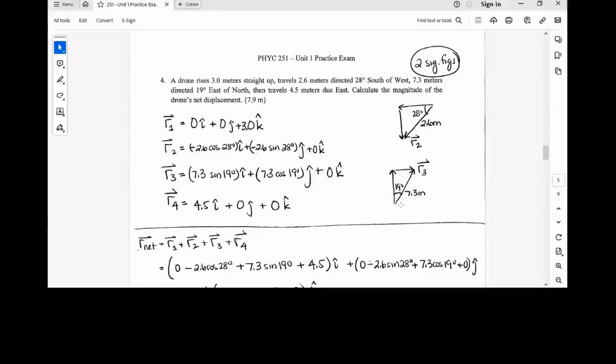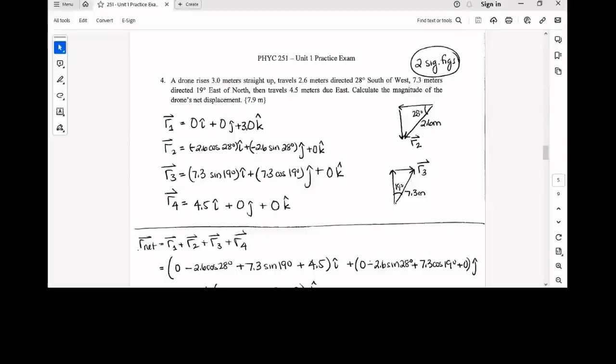However, since the 19-degree angle is expressed with respect to the y-axis, R3's x component is going to be 7.3 sine 19 because the sine is communicating the opposite portion. So it's not safe to say that cosine is always x and sine is always y. Here's an example where it's reversed.